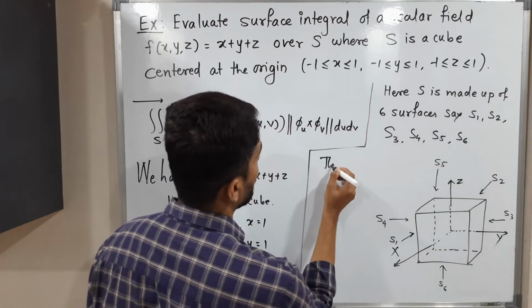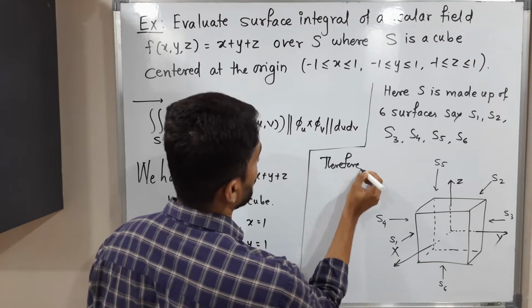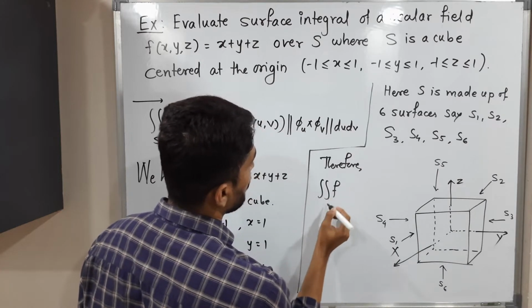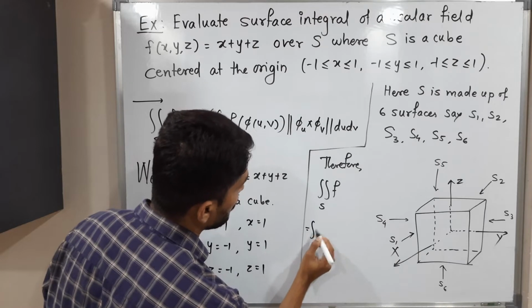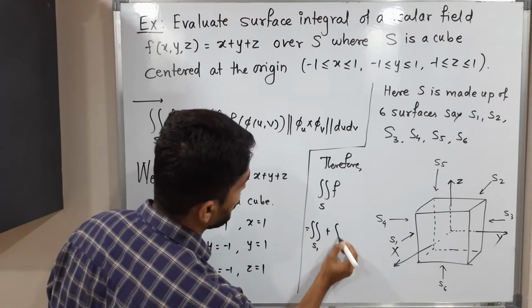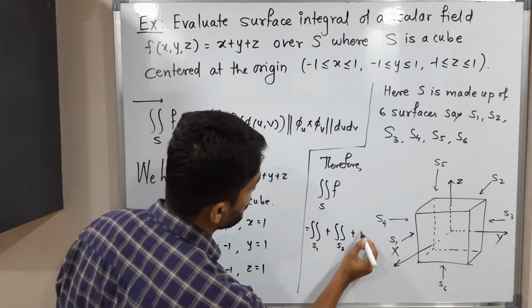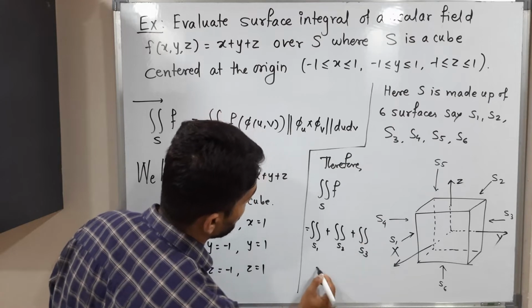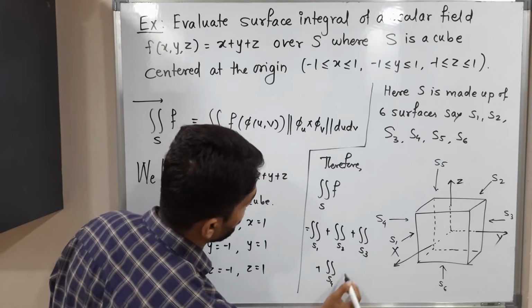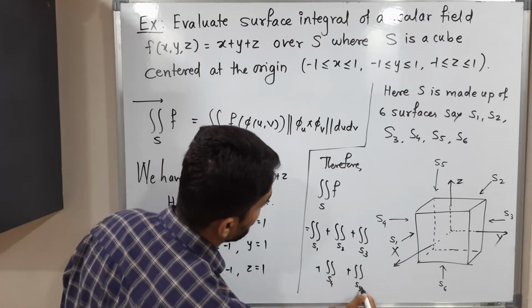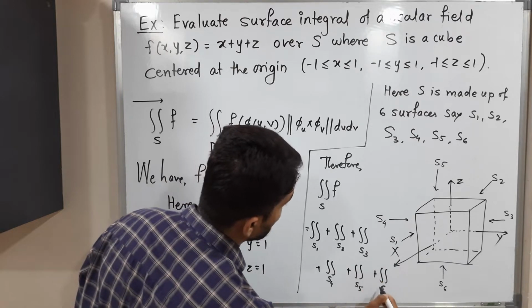Therefore the surface integral of f over S is equal to the double integration over S1 plus the double integration over S2, over S3, over S4, over S5 and over S6.